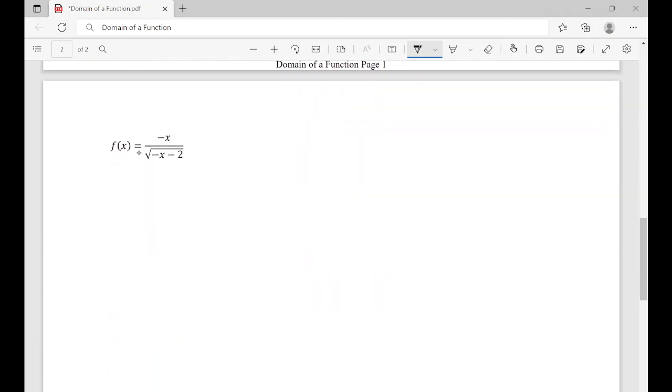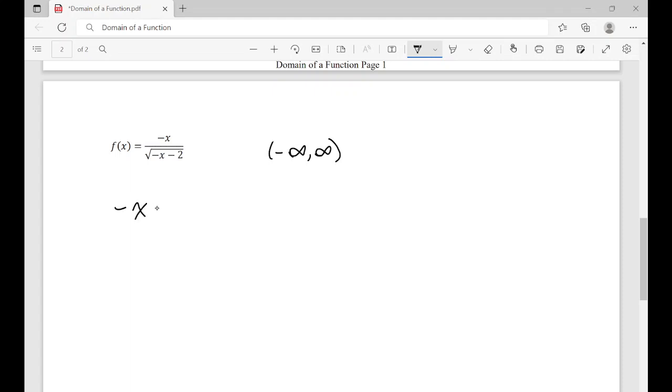Last, we have f of x equals negative x over the square root of negative x minus 2. And again, we're going to do negative infinity to positive infinity, just as our basis to start off with. Now this has both a fraction and a square root in the denominator. So remember, we can't have this equal to 0, but we set this greater than or equal to 0. So we're going to do a compromise.